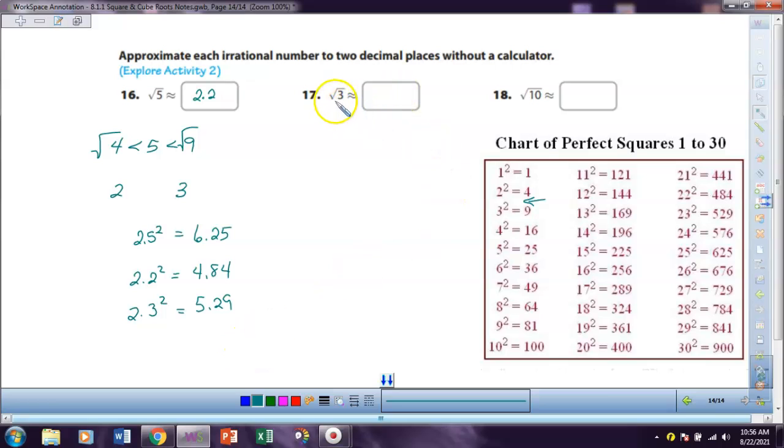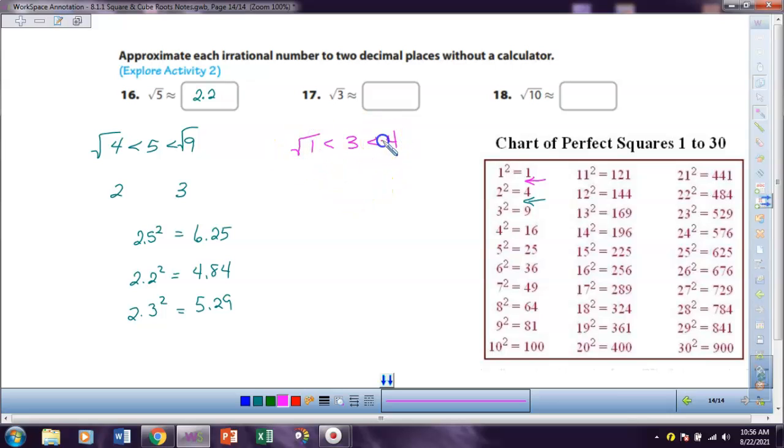We can do the same thing with the square root of 3. Is 3 a perfect square? Nope. So 3 would be between 1 and 4. So 1 is less than 3, and 3 is less than 4.